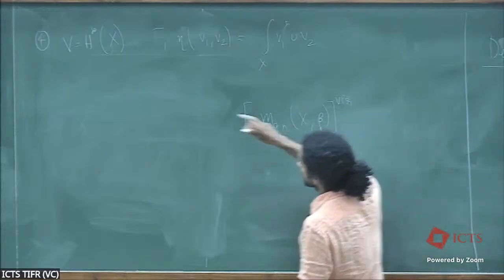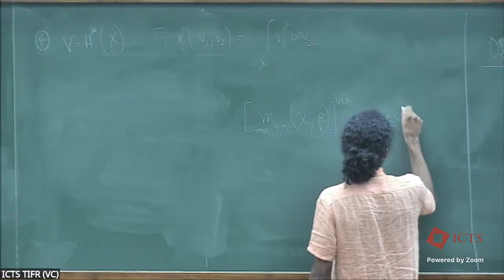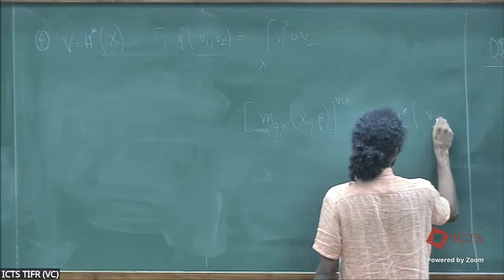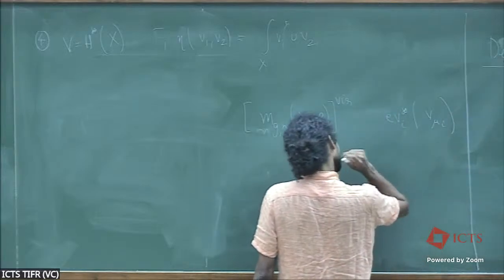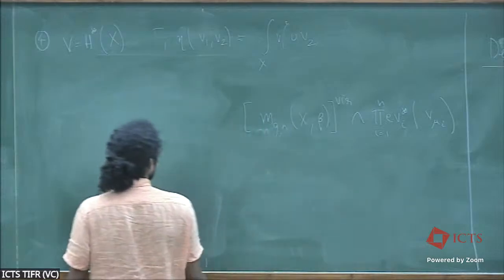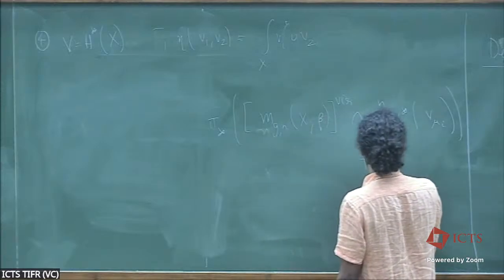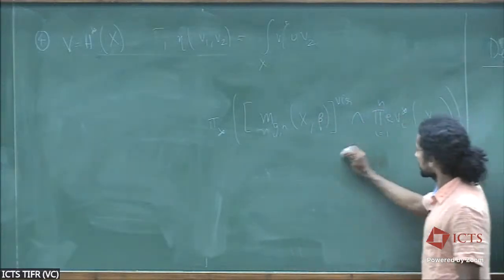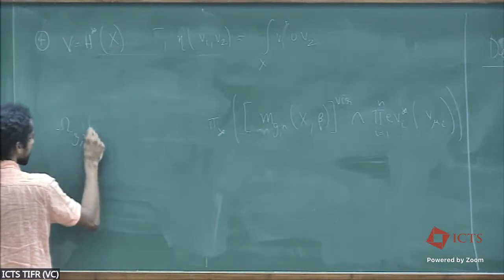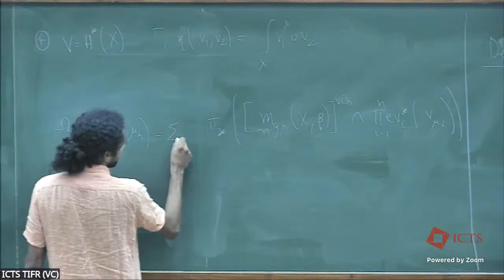I'll take a bunch of classes in here, the evaluation pullback of some cohomology classes, which I'll call v nu i, cap with this guy, and push forward down to M g n bar. This is the forgetful map to the moduli space of curves. And this is my definition. And I sum over basically all curve classes.